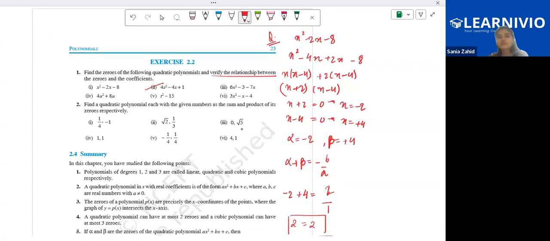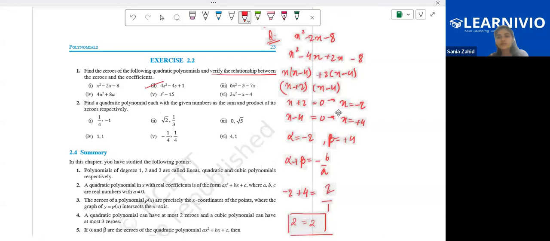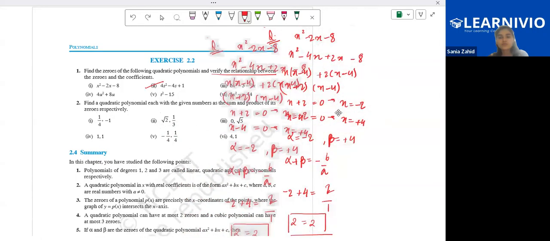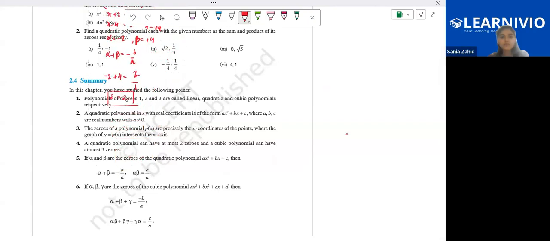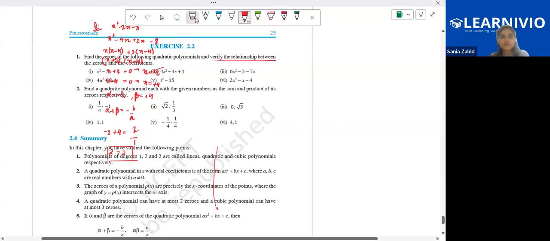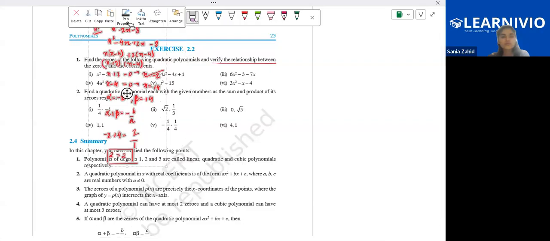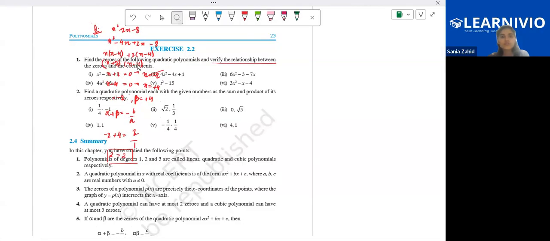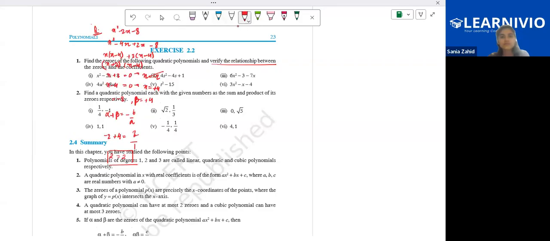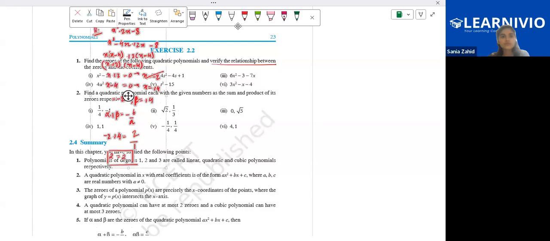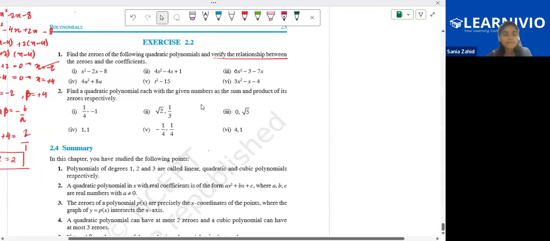So I split the terms into minus 2s minus 2s. Okay.